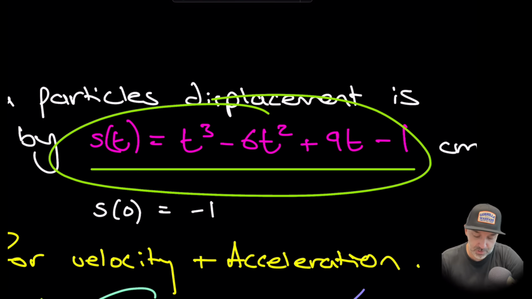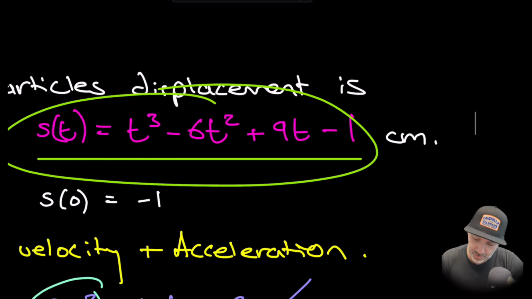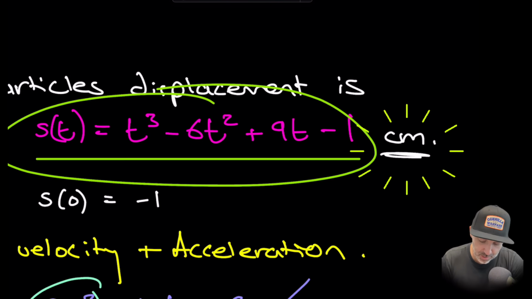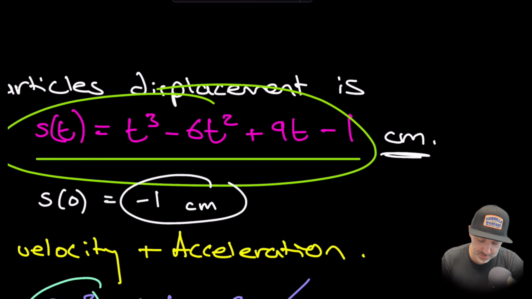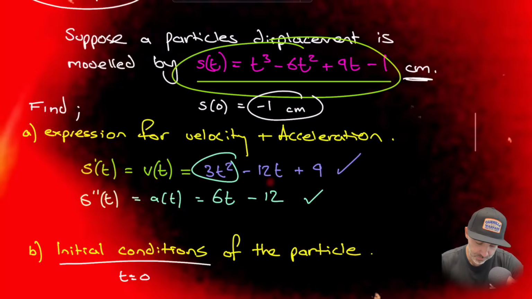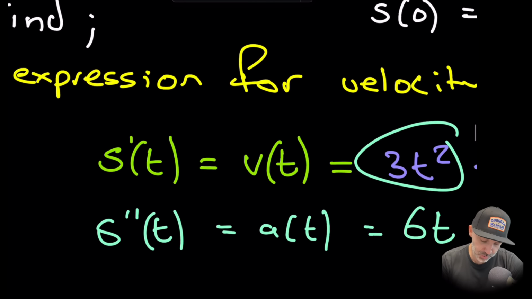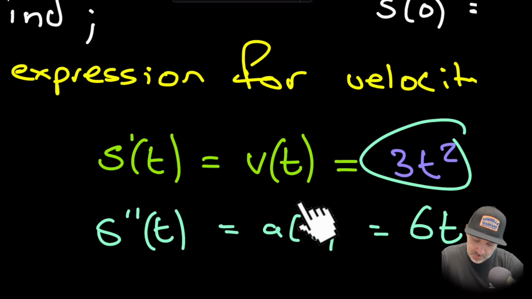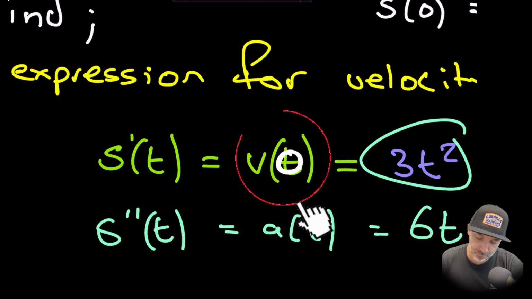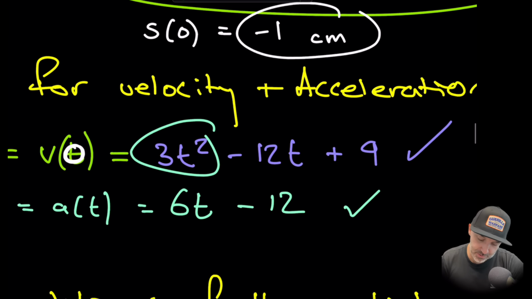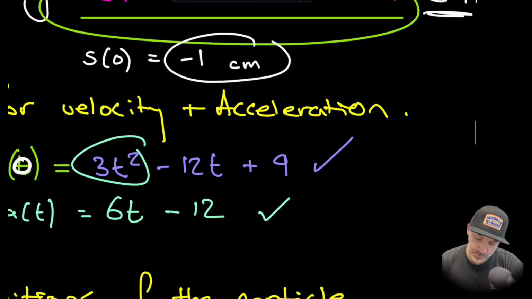So the initial displacement of the particle is minus 1, and if you look very carefully, it's in centimeters, so it's minus 1 centimeters. Therefore, it is to the left of the origin. When we substitute 0 into velocity, v of 0, we get 0 minus 0 plus 9.